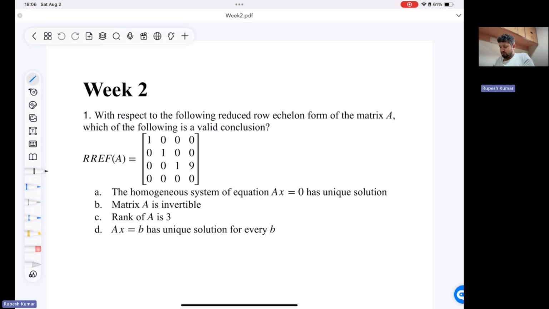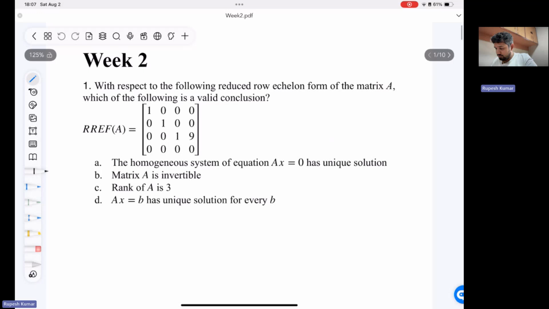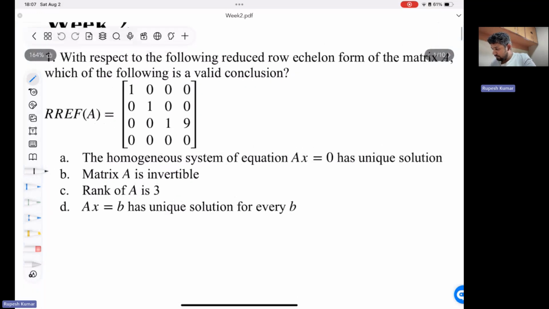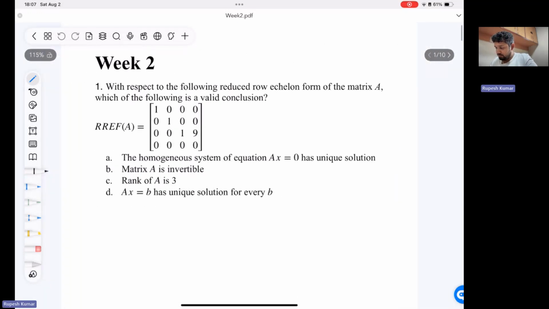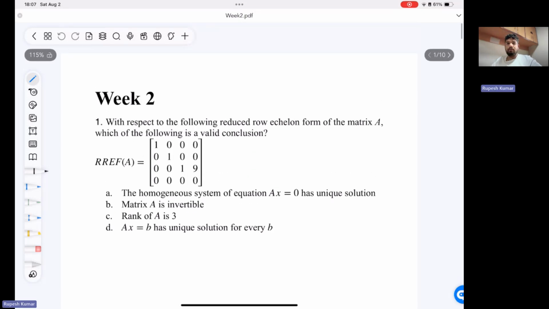Let's start with the first problem, which says, with respect to the following reduced row echelon form of the matrix A, which of the following is a valid conclusion? I'm just testing if I'm audible. Yeah, it seems I'm audible. Fine, let's start.